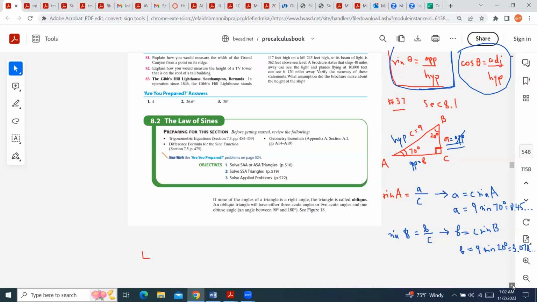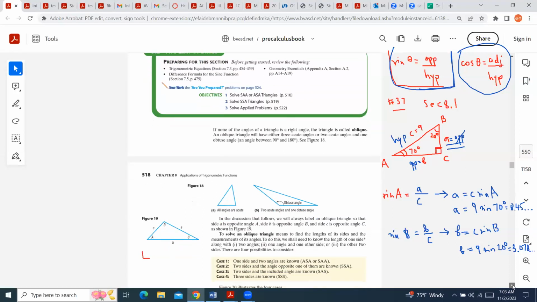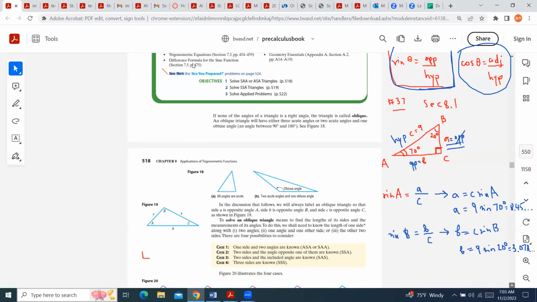So anyways, section 8.2 is using exact same ideas. So they work on any triangle, and they get a right triangle produced from it. Like, for example, figure 19, when we have triangles that they call ABC, so they usually start on the left and go clockwise, then automatically their sides will be lowercase a across from A, lowercase c across from C, and this is B here, the third side.